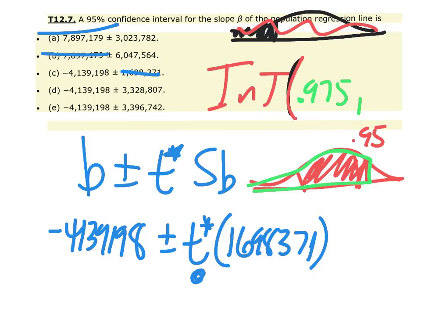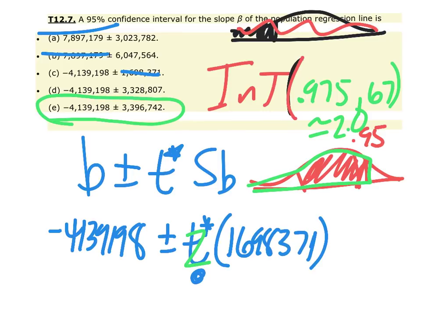And then the degrees of freedom: in the computer output you don't see the sample size, but they told us the sample size was 69, so degrees of freedom is 69 minus 2, so 67. When you do that, the critical value is about 2. If you put that in here and multiply, you're going to end up seeing that the correct answer in this case is letter E.